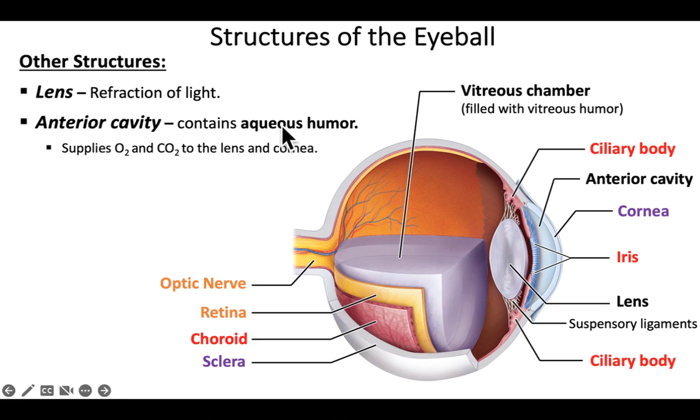Anterior cavity contains the aqueous humor. Again, that's all in here. All right, that aqueous humor was produced by the ciliary body, and that aqueous humor supplies oxygen and carbon dioxide to the lens and the cornea, because the lens and the cornea do not have blood vessels. They are avascular. All right, if this material builds up, aqueous humor, it causes a high pressure, and the pressure kind of goes high in the whole eyeball.